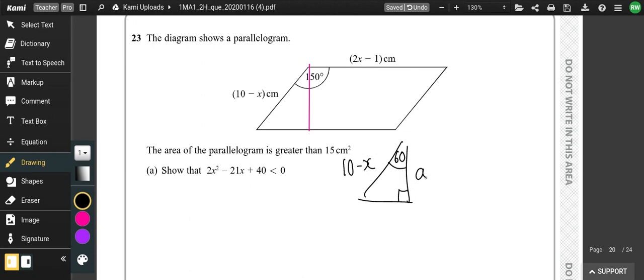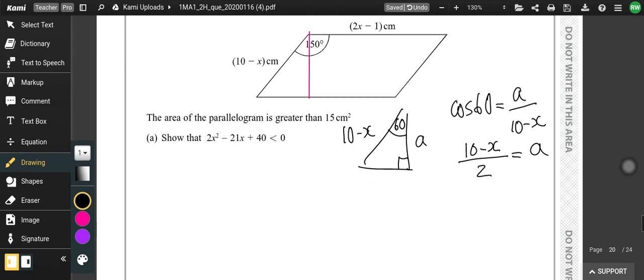We want the adjacent, so we're going to do cos 60 equals the adjacent over 10 minus x. And cos 60 is a half. So I'm going to times both sides by 10 minus x, and cos 60 is divided by 2. So that gives me my A, the height of the parallelogram.